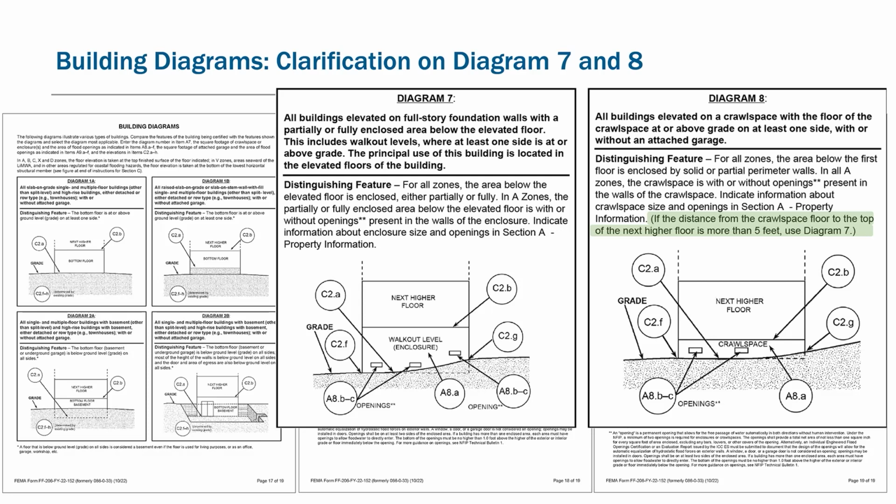If it's more than 5 feet, we'll use Diagram 7. This is not a policy change. It's just a clarification about what the difference is between the Diagrams 7 and 8, now in print in the instructions.